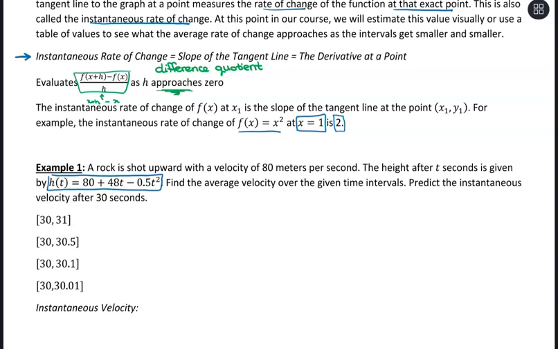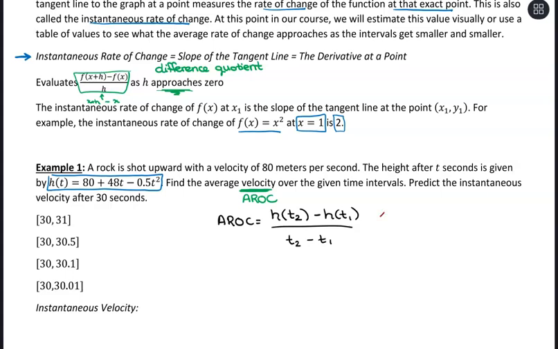So setting this up, what I want to mention too is average velocity. With our calculations here, we're going to be talking about the change in distance over the change in time. And this is going to relate to our average rate of change. So when we calculate this, we'll take the output of the second time from h minus the output from the first time over the difference in the times provided.